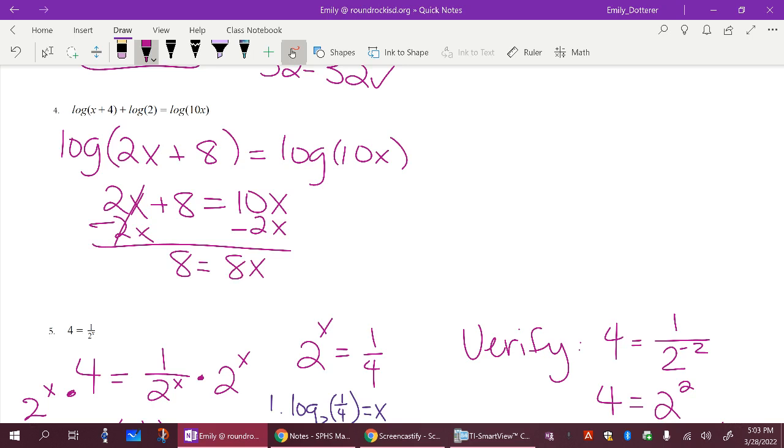10x minus 2x is 8x, and 8 divided by 8 is 1. We're going to verify.